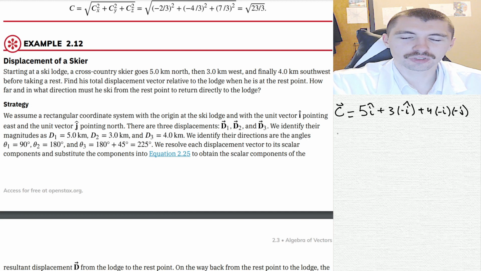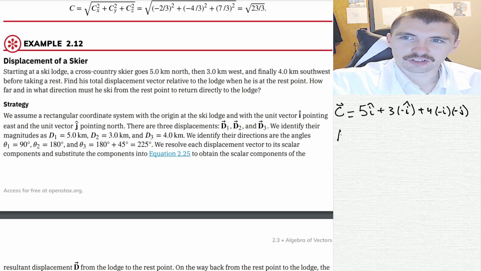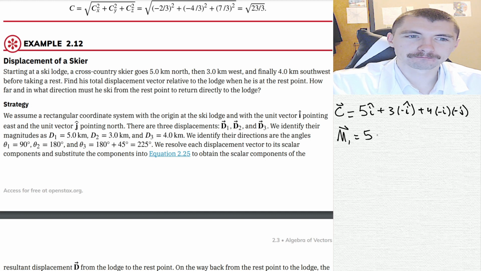Okay, so the book likes to do the angles, I guess. So yeah, we can just say move 1 equals 5, 5 kilometers, 90 degrees.